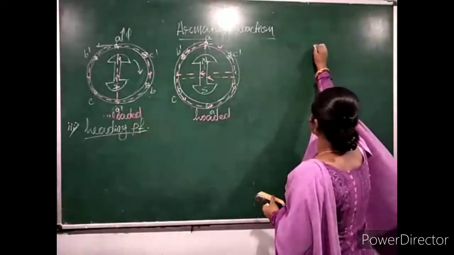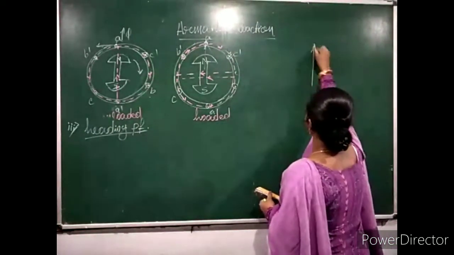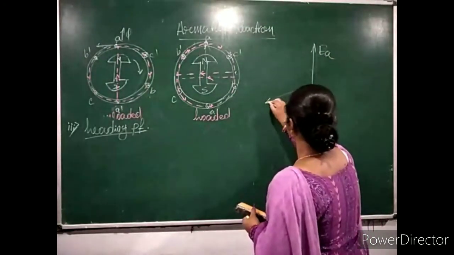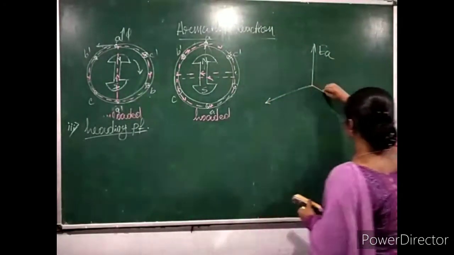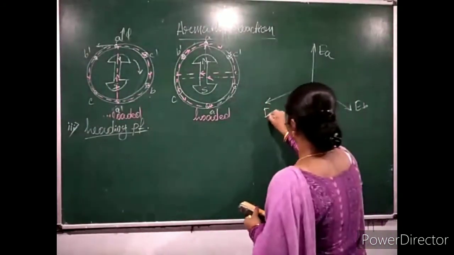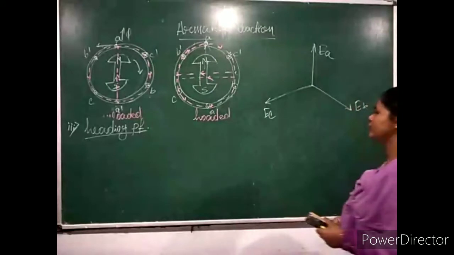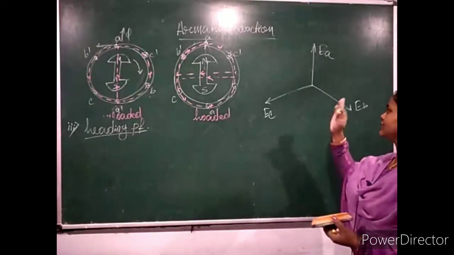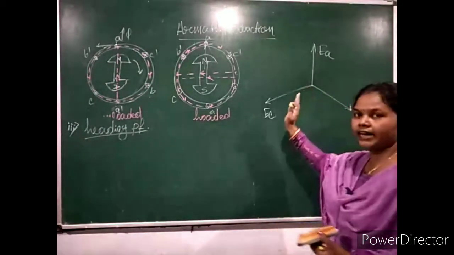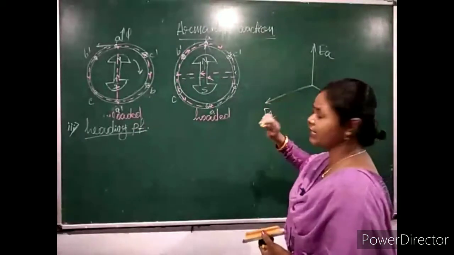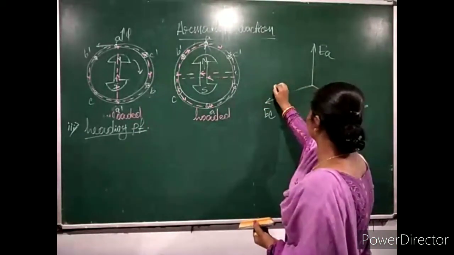So first I draw the phasor diagram for phase voltages. This is the phase voltage, and they are displaced from each other by 120 degree, and their respective phase currents lead these voltages by an angle of 90 degree, purely 90 degree lead.